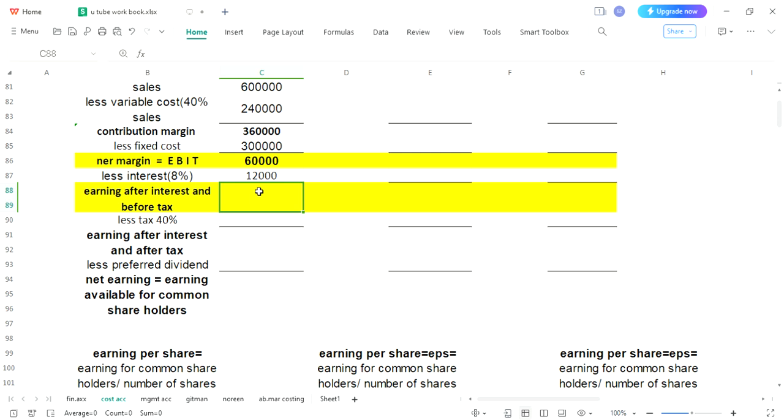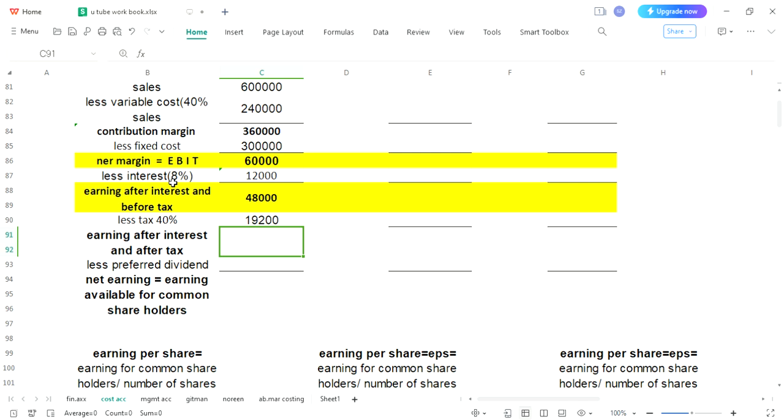After which we calculate earning after interest by subtracting interest from previous income. 60,000 is your EBIT, previous income, and you will subtract the amount of interest, which is 12,000. So we have got our earning after interest. Next step is to calculate tax, for which we need the previous earning before tax 48,000, and you will calculate 40% amount of tax.